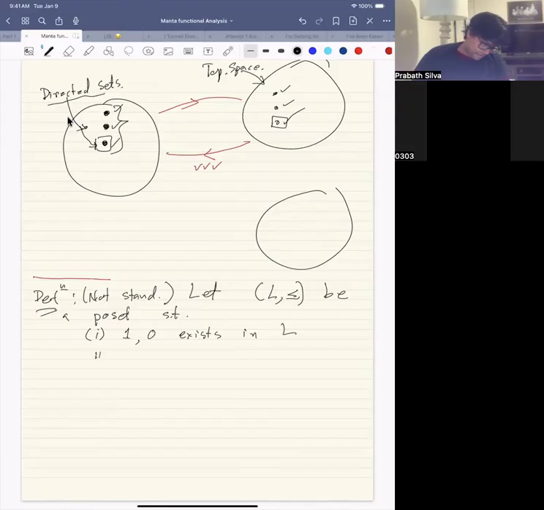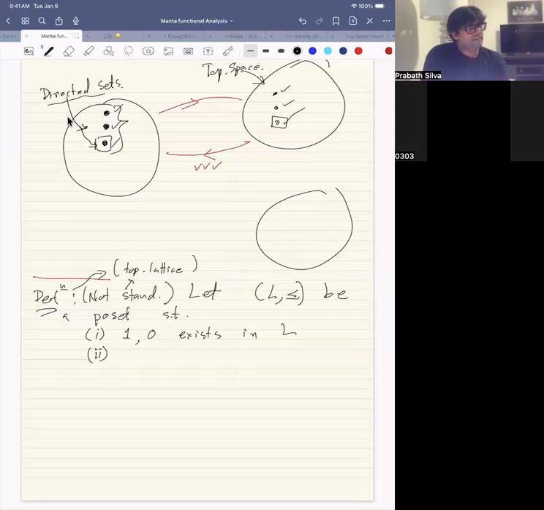And then the second property, of the, let me call it topological lattice. So that's what I'm saying, that this definition is not standard. I think when I was looking at it, they have different ones.